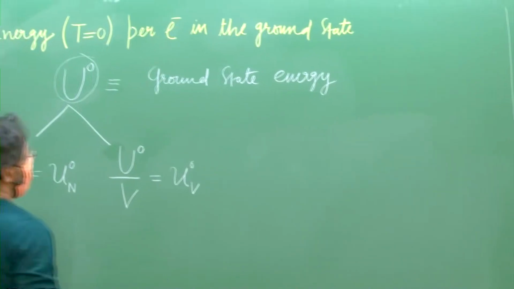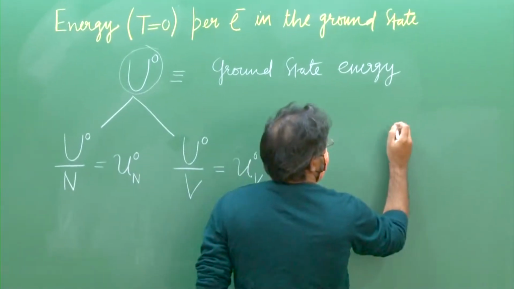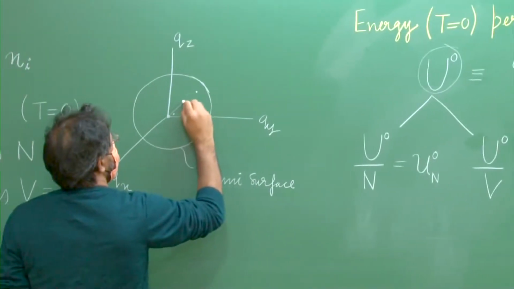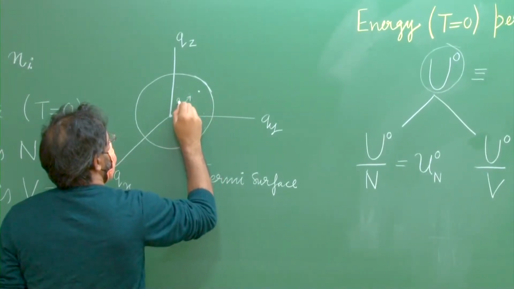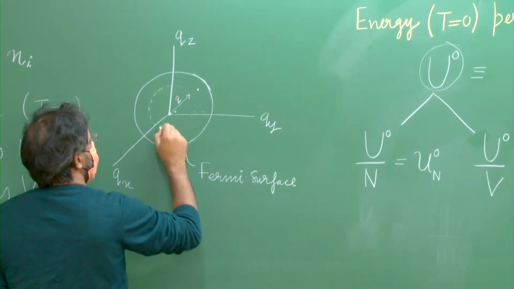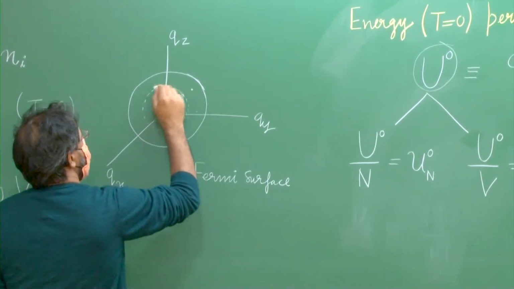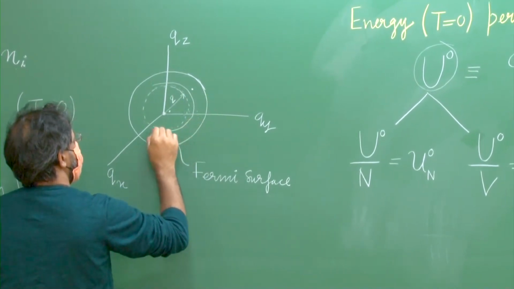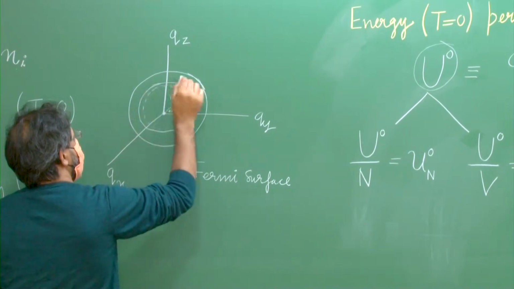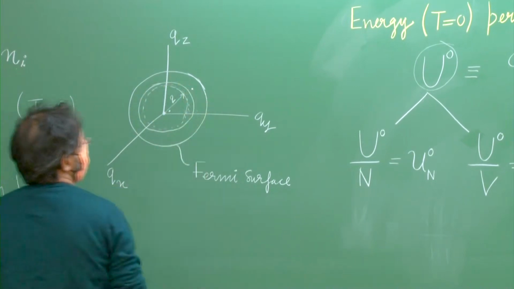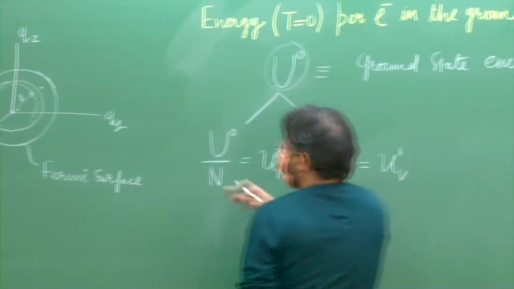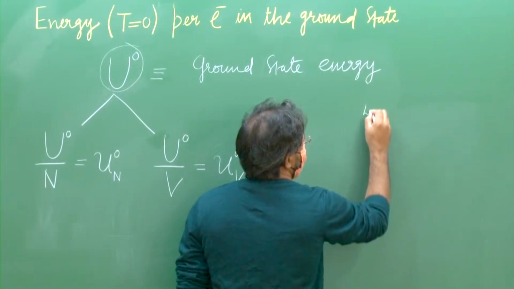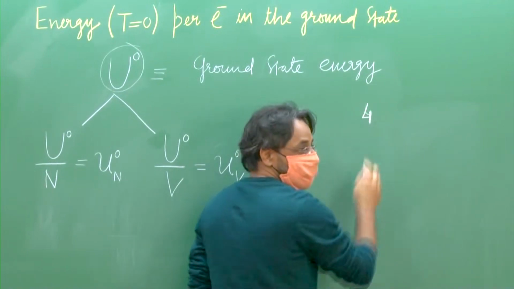You consider a shell at a distance q whose radius is q and whose thickness is dq.